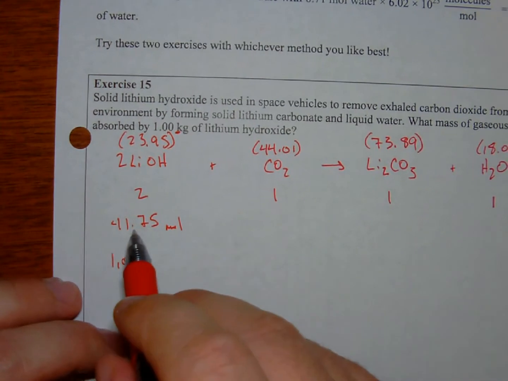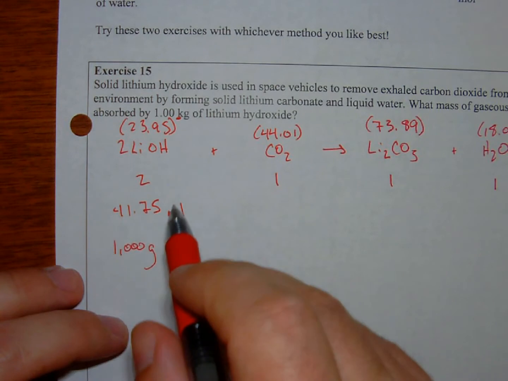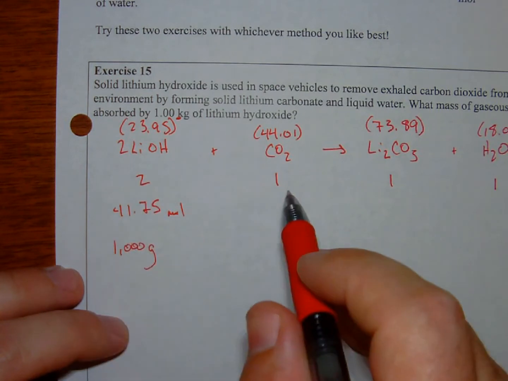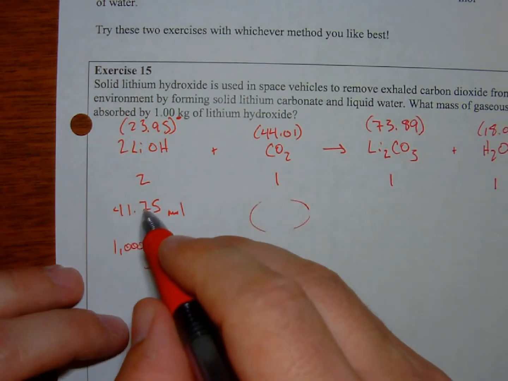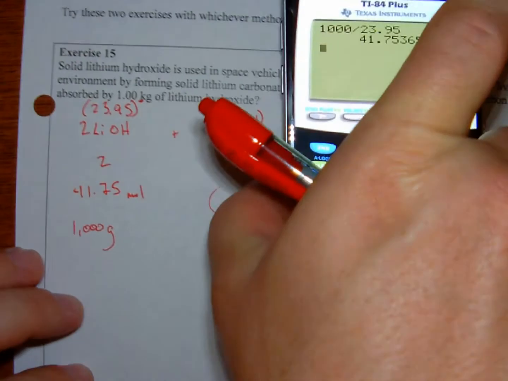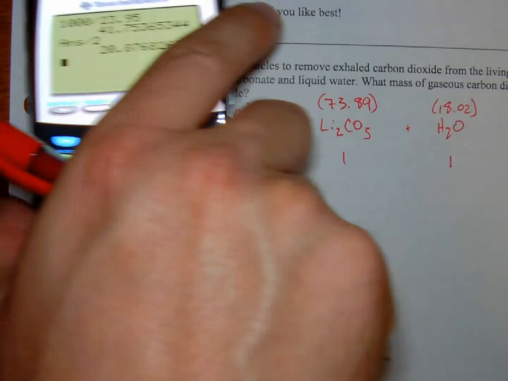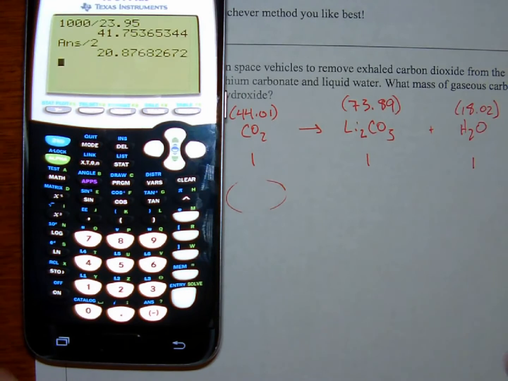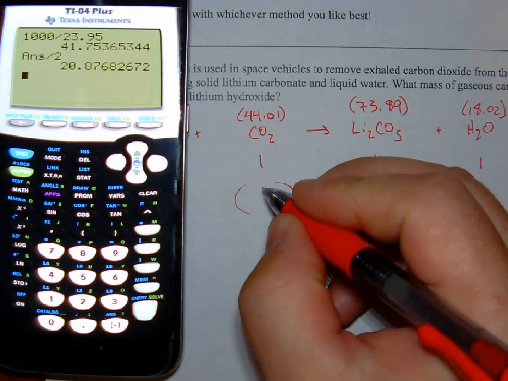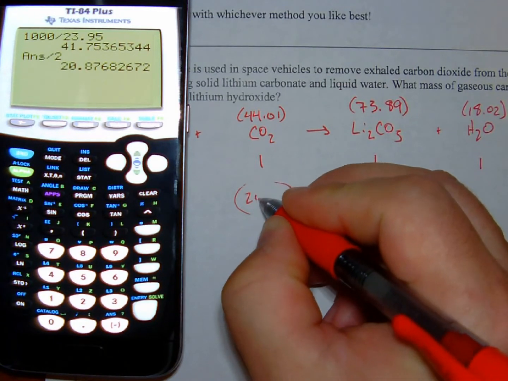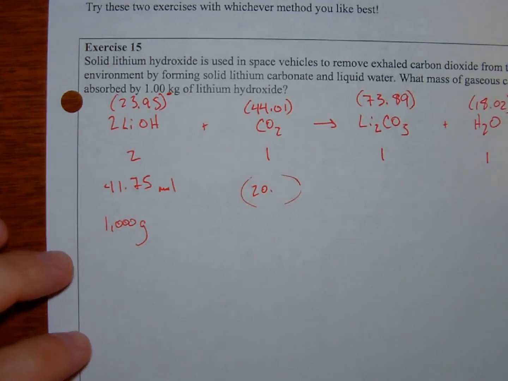Alright, now that I have the amount of moles here on lithium hydroxide, I know that it's a 2-to-1 ratio, so this value is going to be half this. So, divide by 2. What am I going to round that to? How many significant figures am I using here?